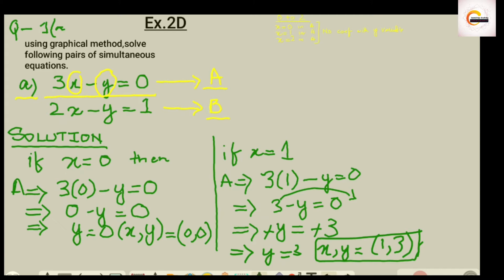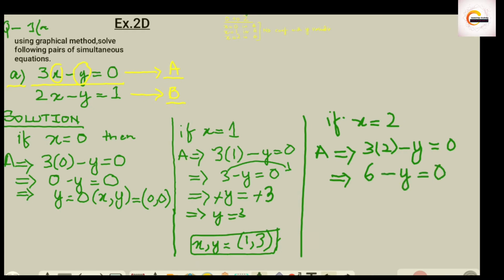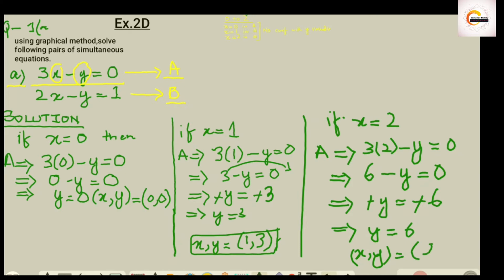Now I'm going to put x equals 2. If x equals 2, equation A implies 3 into 2 minus y equals 0. 3 times 2 is 6, so 6 minus y equals 0. Minus y equals minus 6, the minus signs cancel, and the value of y is 6. Now we can say (x, y) equals (2, 6).